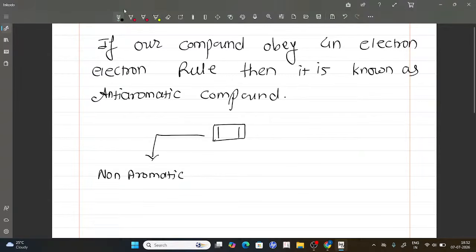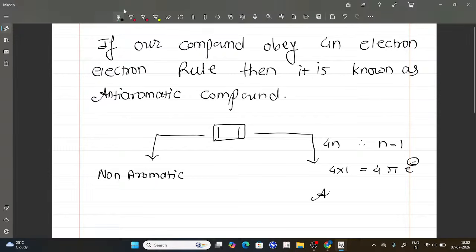But if you look at the 4n rule, if we take n is equal to 1, so we get 4 into 1, which is equal to 4 pi electrons. And we know that our system contains 4 pi electrons.